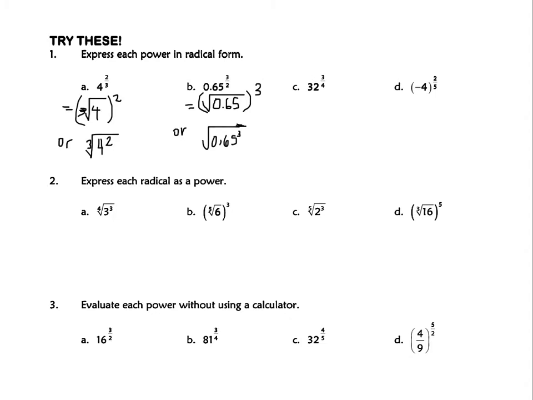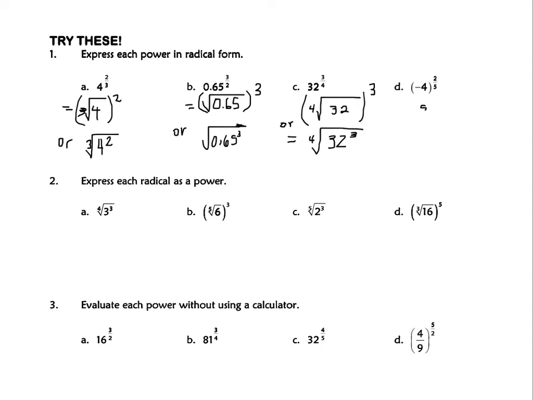The next one would be the 4th root, whatever's in the bottom of your rational exponent goes with your root sign, of 32, all cubed, or take the 4th root of 32 all cubed. So either one of those I would accept as an answer.